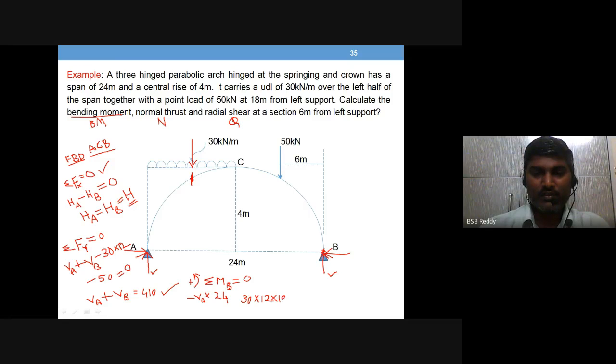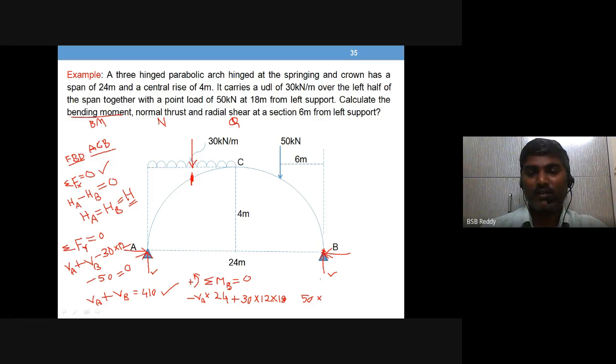So this is the moment from the UDL. What direction is it? It is going to be anti-clockwise. So what do you need to write here? Plus. Then what is the other force that can cause moment at B? It is the 50 kilonewton load value into the distance.